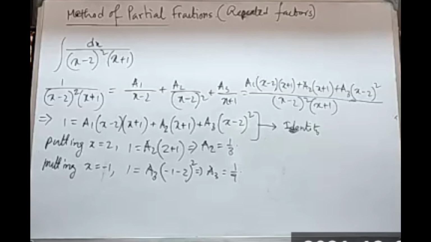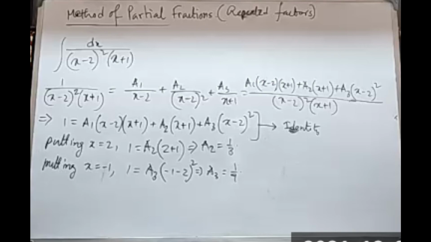For different values of x, different values of A1, A2, A3 can be obtained. So it is not like fixed values are there and we need to find only fixed values of x. Since the coefficients A1, A2, A3 are unknown, we can take any value of x and put here to get the values of A1, A2, A3.